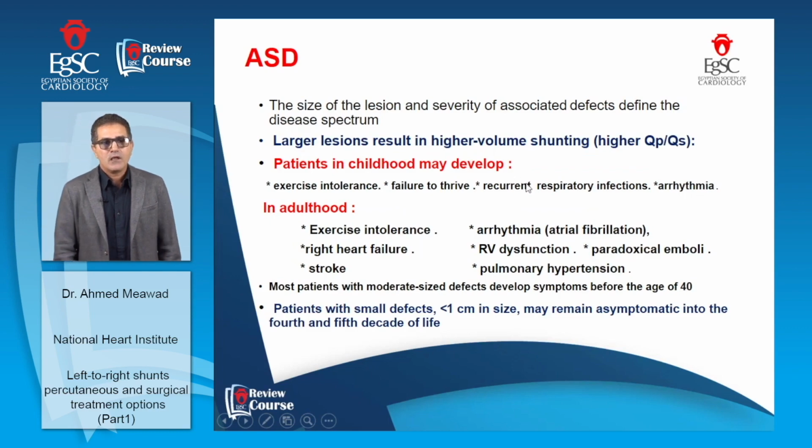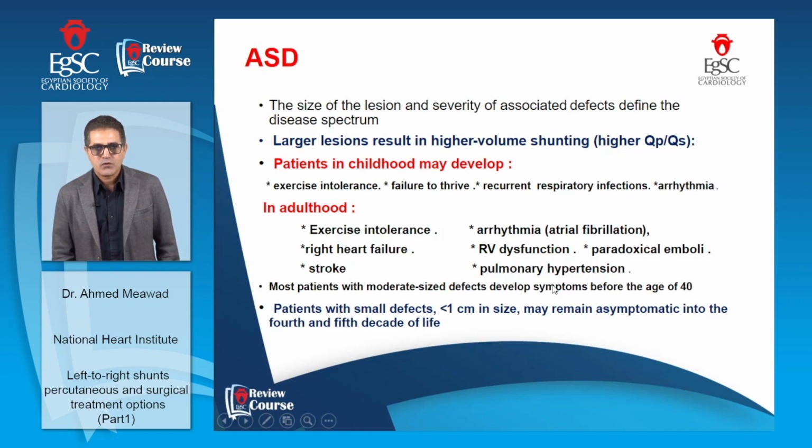The larger the lesion, the higher the volume overload and the more symptoms. In children, we can find that the patient has exercise intolerance or failure to thrive or recurrent chest infection. In adults, the presentation is mainly arrhythmias, mostly atrial fibrillation, besides right side dilatation or paradoxical embolization, which results in stroke, and also pulmonary hypertension.